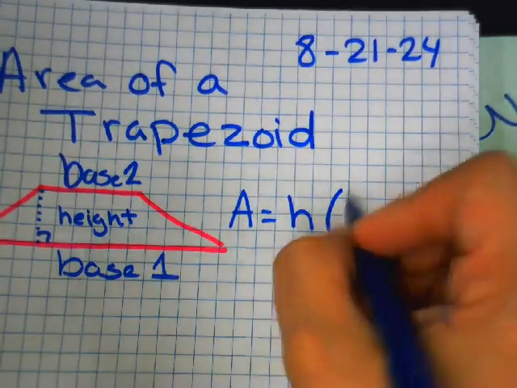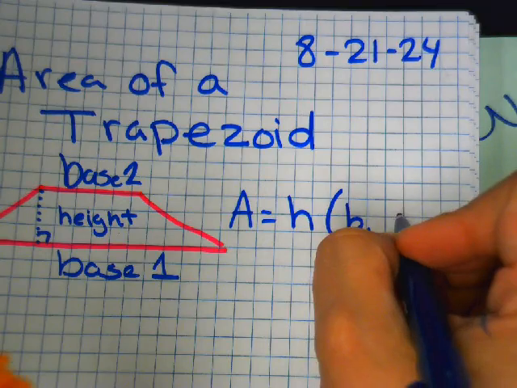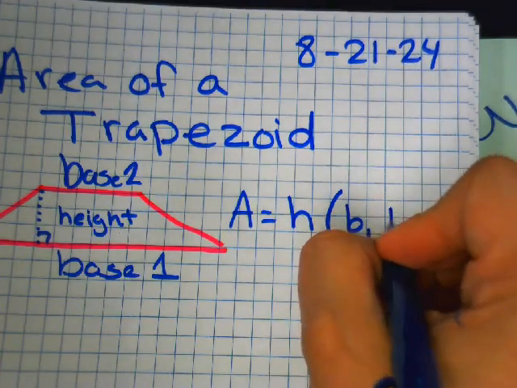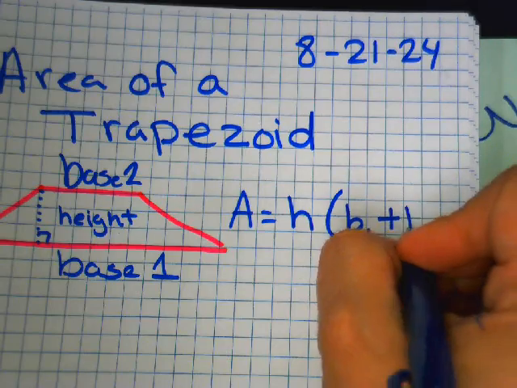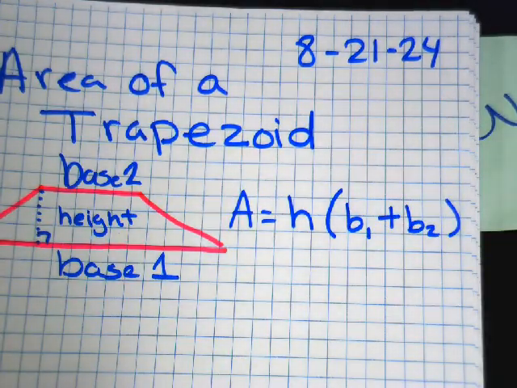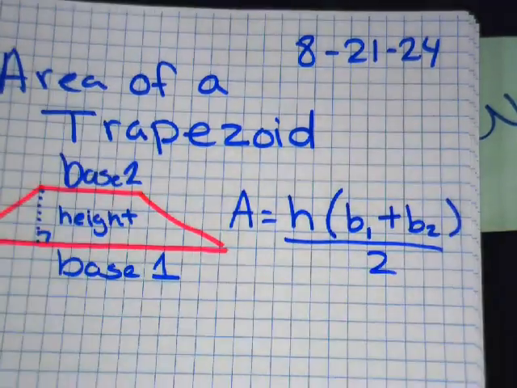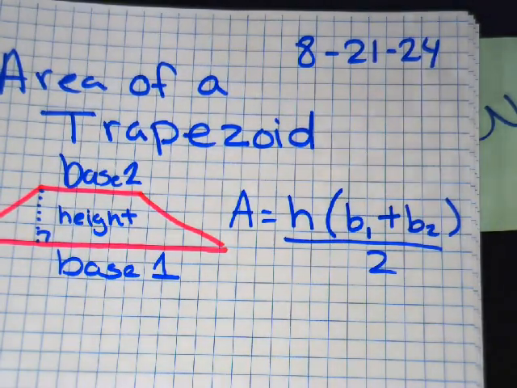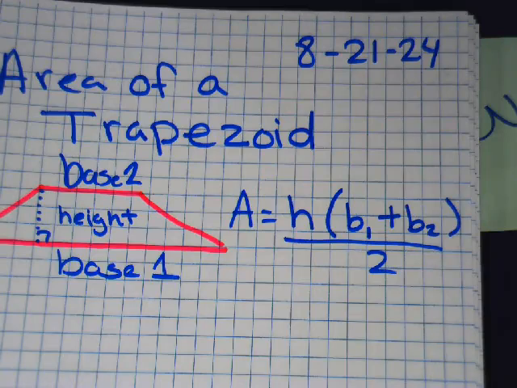Base 1, plus, base 2, then the parentheses closes. Good. Did I expect you to have that memorized? No, but everyone added it to the definition or the formula, which is good. Next week I want everyone to memorize it, but not today.